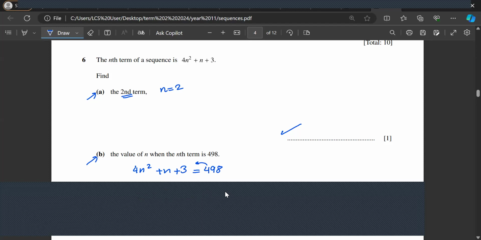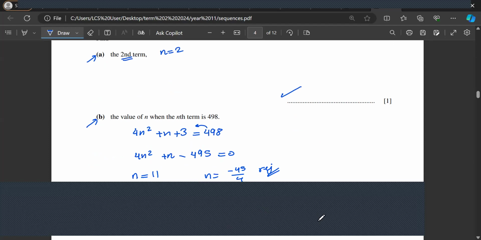Then make mod 5, 3. You will get n equals 11 or n equals negative 45 over 4. So for sure this is rejected and n equals 11.